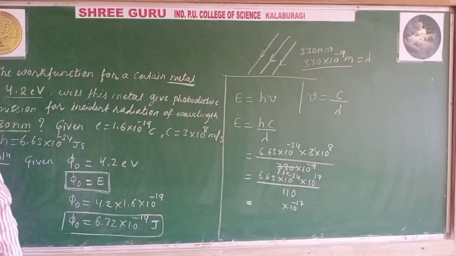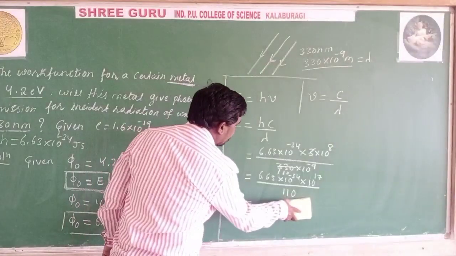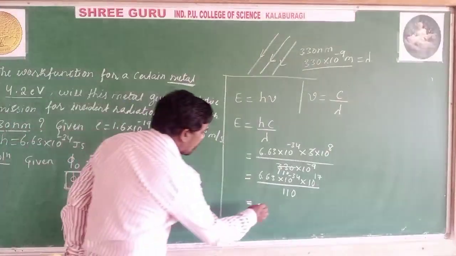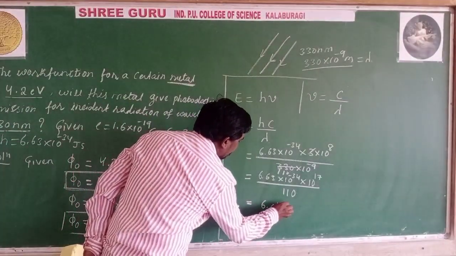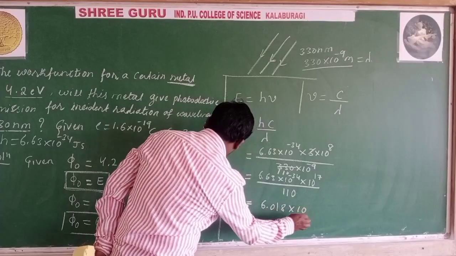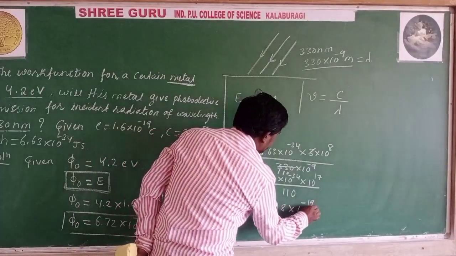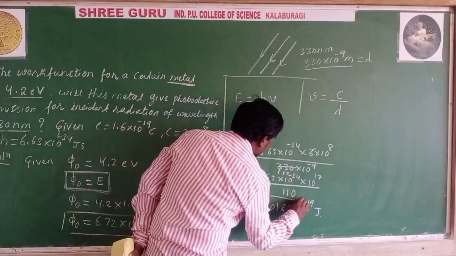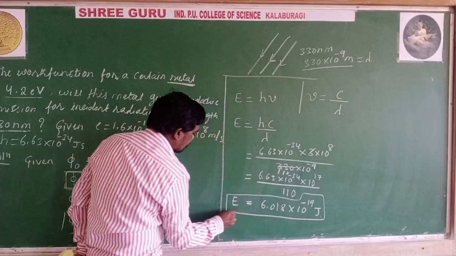Dividing it, our answer is around 0.06018, and the final answer after converting the powers is 6.018 into 10 raised to minus 19 joule. This is the energy given to that metallic surface.